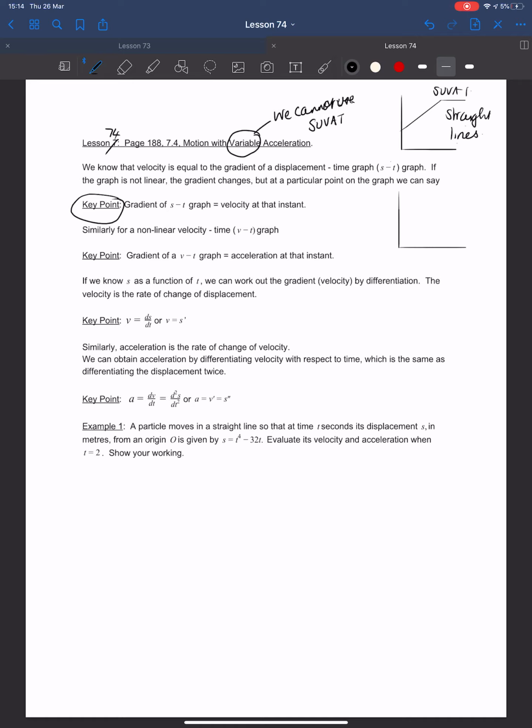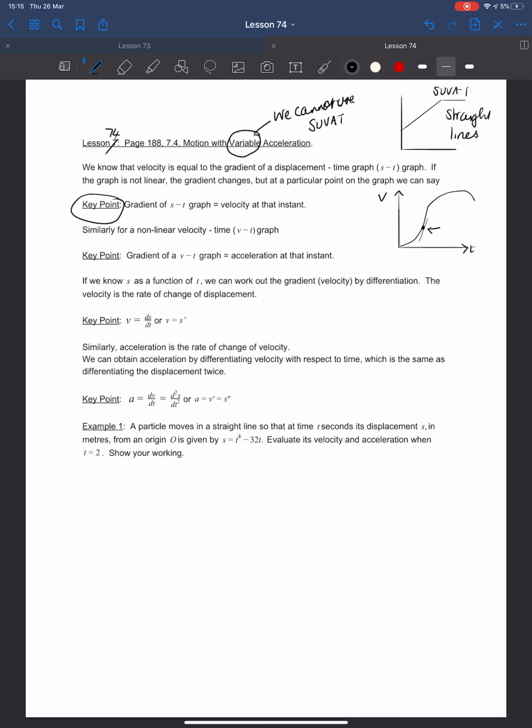It's a bit more like real life. So the gradient of this velocity time graph is the acceleration at that instant, at a point, because it's got to be at a point now.